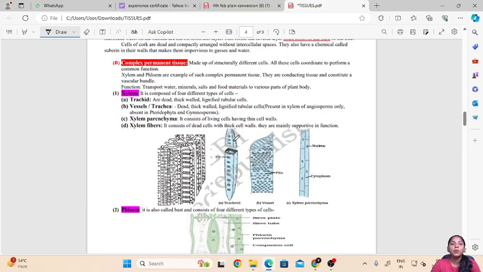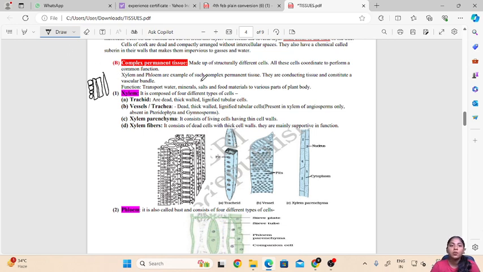Then the next type is complex permanent tissue. Complex permanent tissue is usually the conductive tissue of the plant. This is made up of structurally different types of cells. As we have already seen, these may contain some cells which are tubular, some cells which are cuboidal, like that. So they have different structures.